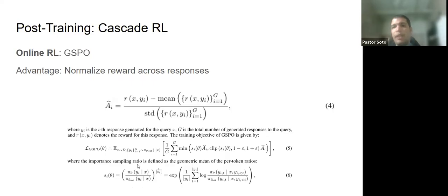This is exactly what I explained on the previous slide, but with the math formula. This is the expected behavior from the old model, and this minimizes the divergence of the model, pushing more for the high advantage results and penalizing the high divergence responses.